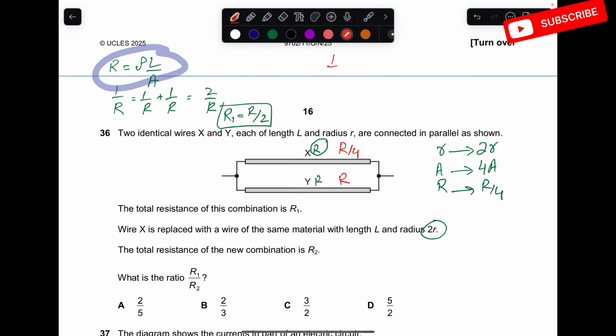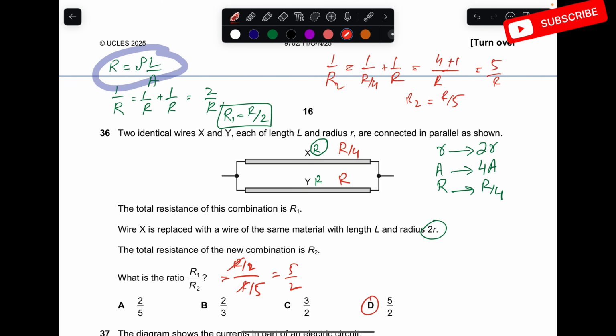So 1 over R2 is 1 over R by 4 plus 1 over R, which simplifies to 4 over R plus 1 over R, that is 5 over R. So R2 is R over 5. When you take the ratio, R1 is R over 2, R2 is R over 5, R will cancel out, and it is 5 by 2. Option D is correct.